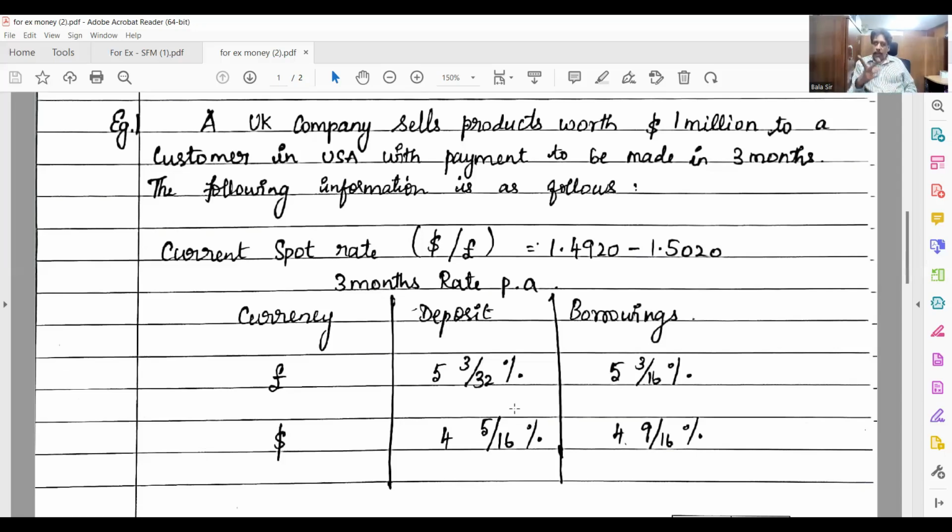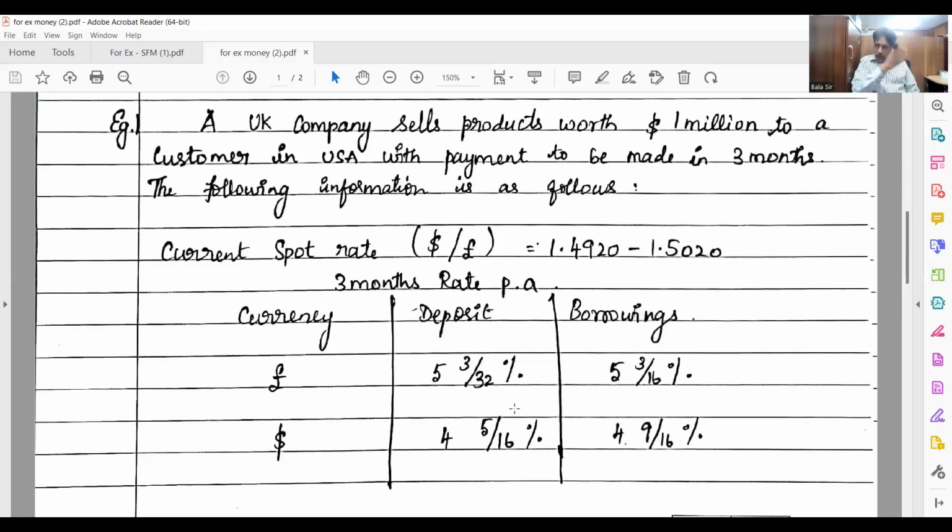What happens in case of money market hedges? Very simple rule. Suppose you have an asset, a receivable, you are supposed to create a matching liability. Because you have a $1 million receivable in 3 months' time, you have to create a $1 million liability in 3 months' time. So you can borrow money in US dollars, but you should not borrow $1 million.